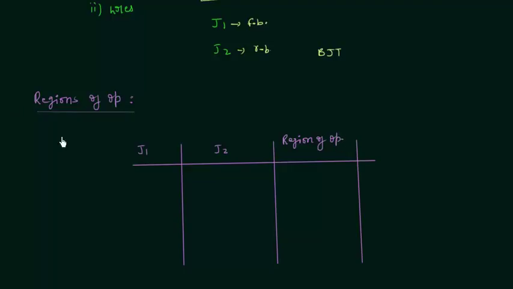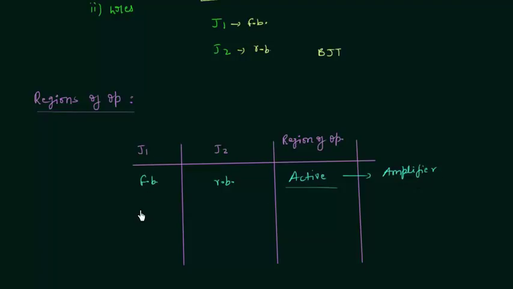When junction J1 is forward biased and junction J2 is reverse biased, the region of operation is active. When the transistor is in active mode, the transistor operates as an amplifier.